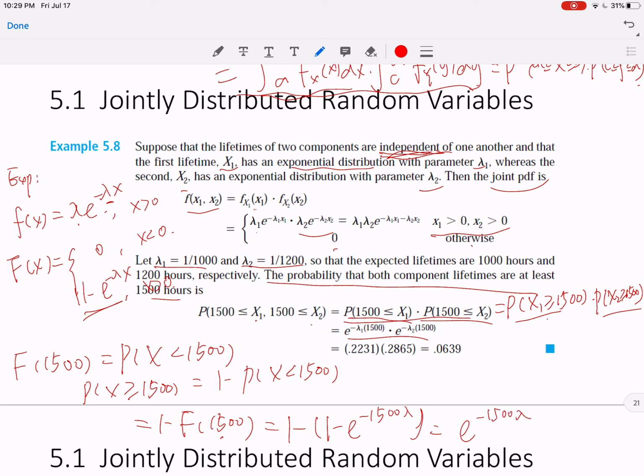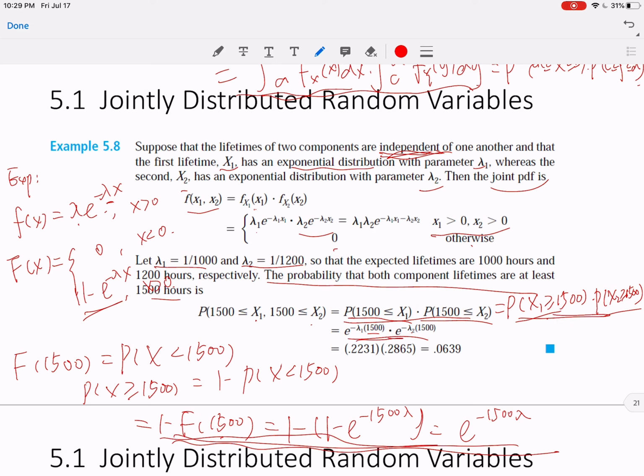So over here, the probability that x1 is greater than or equal to 1,500 and x2 is greater than or equal to 1,500 is e to the negative lambda 1 times 1,500, times e to the negative lambda 2 times 1,500.